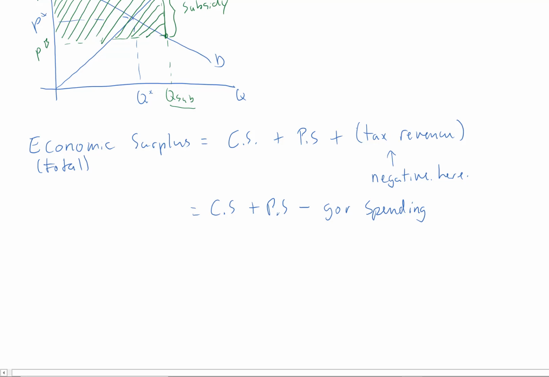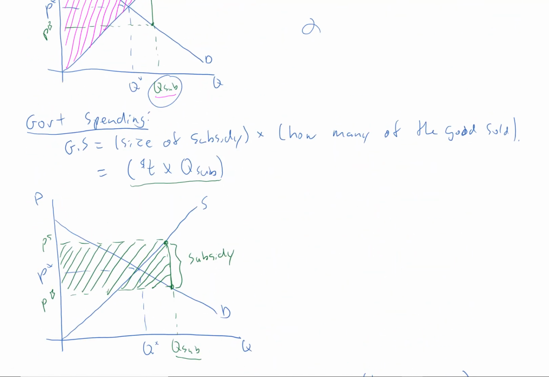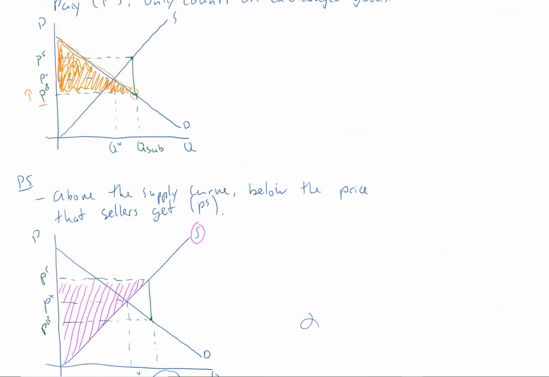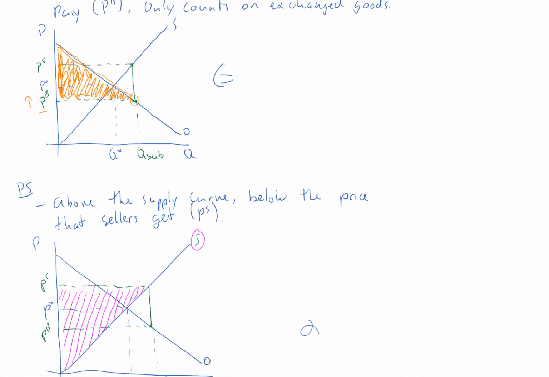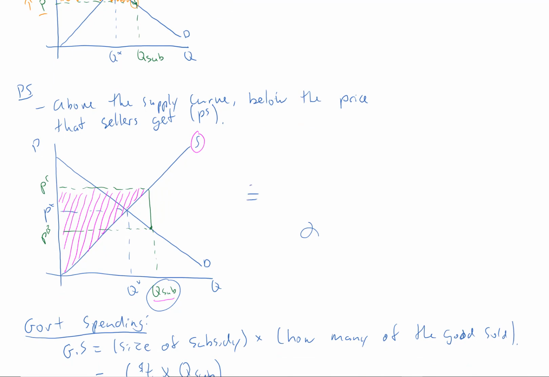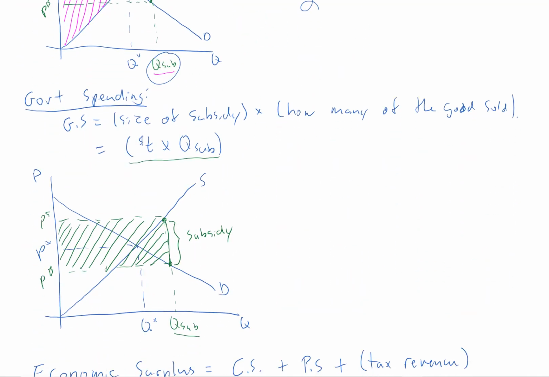So graphically, the areas that we're adding up and subtracting are the following. I'm just going to scroll up here. We're going to add this orange triangle from consumer surplus plus this pink triangle for producer surplus, and then we're subtracting this government spending since it's like a negative government revenue, right?